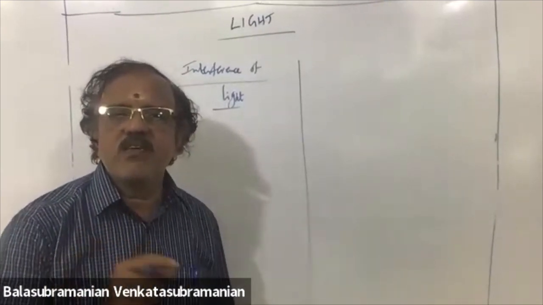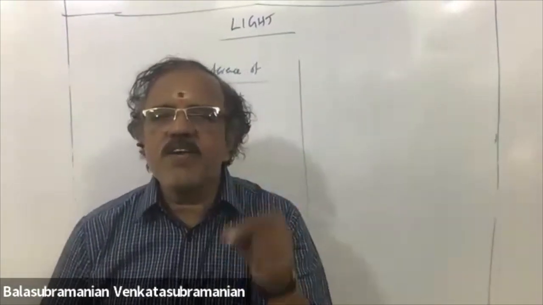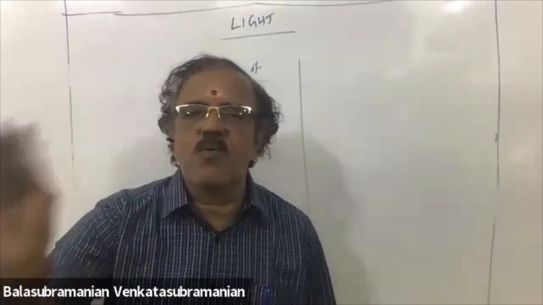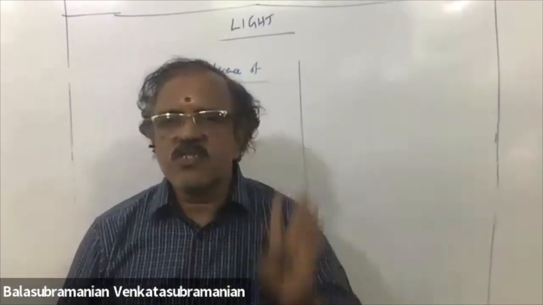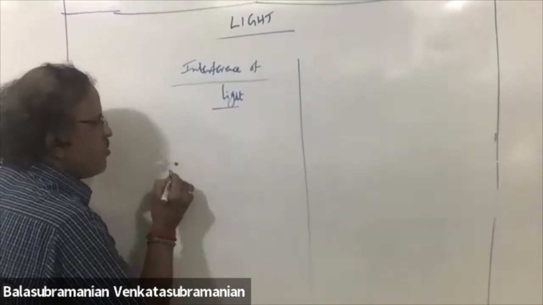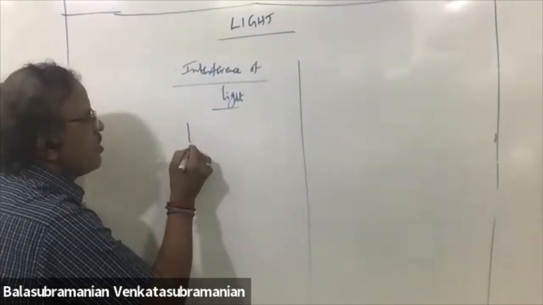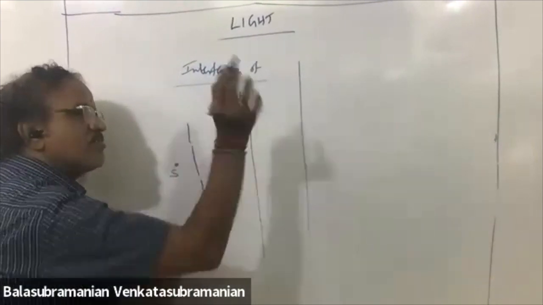Y, the total displacement, is the vector sum of individual displacements, y1 plus y2 plus y3 and so on. Here we are going to take only two sources. Source S, the light source. A single source here we are taking. Why? Later.